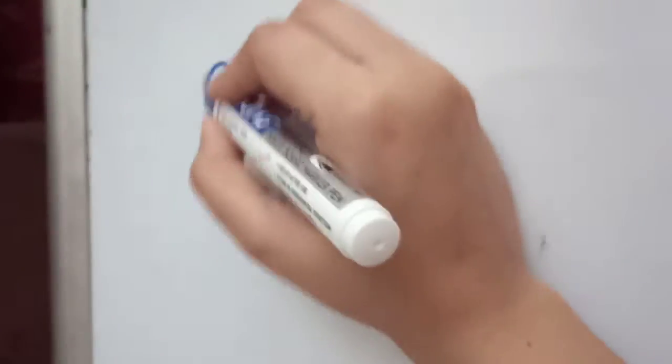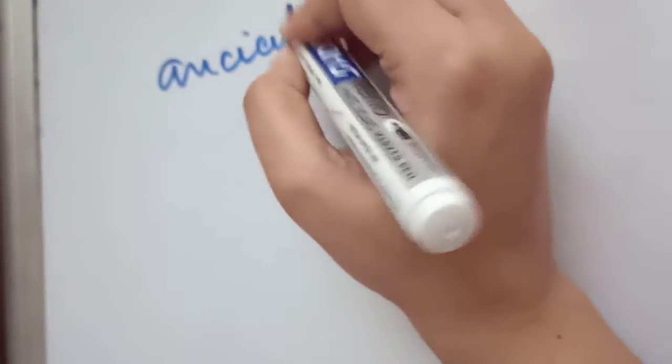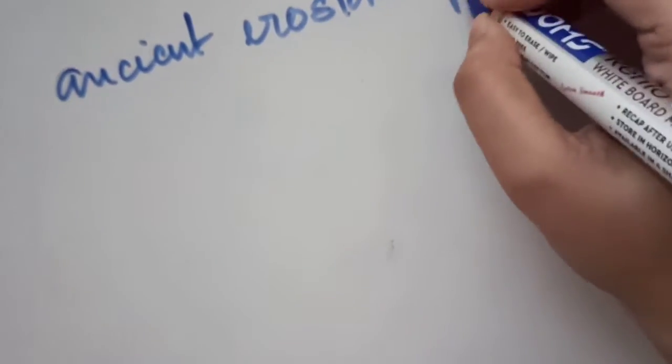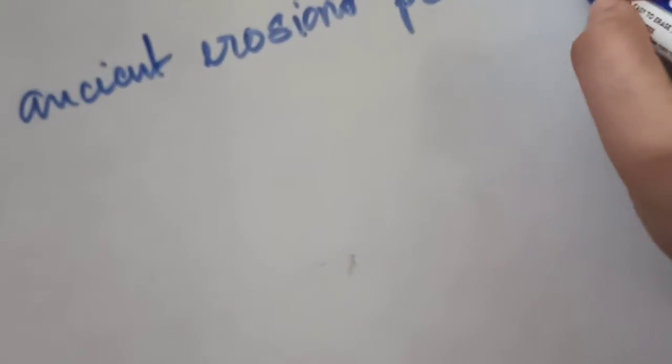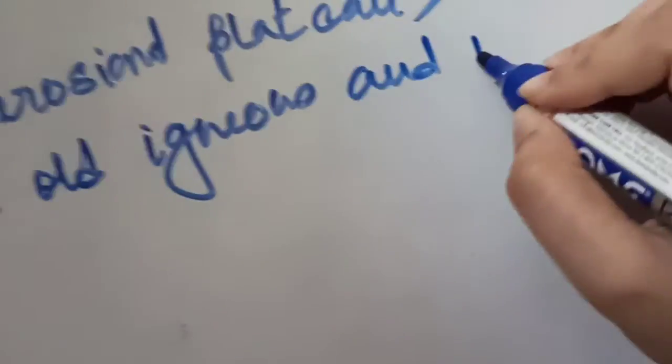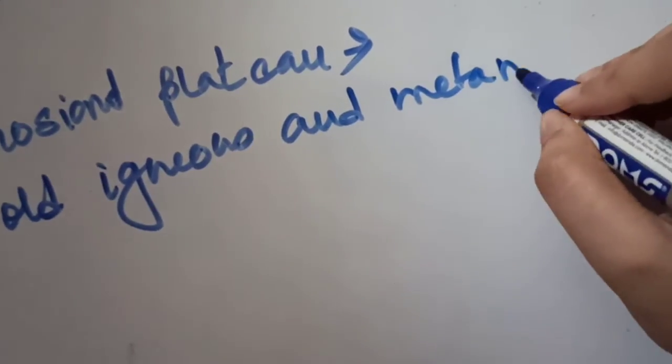This Canadian Shield region is actually an ancient erosional plateau which is made up of hard and old igneous and metamorphic rocks.